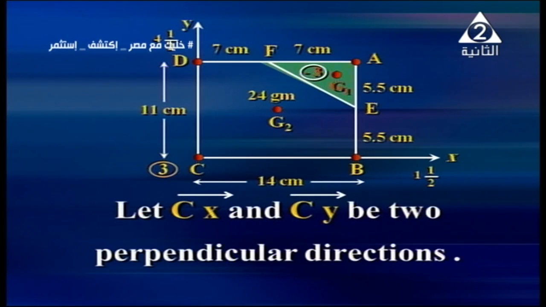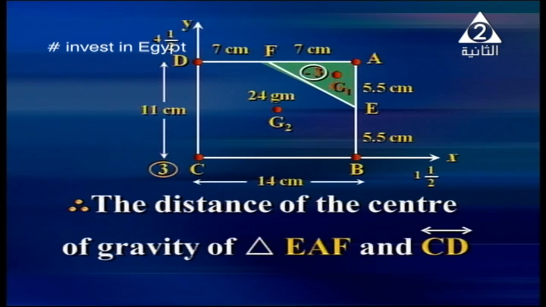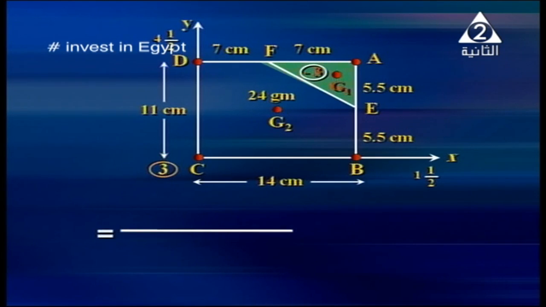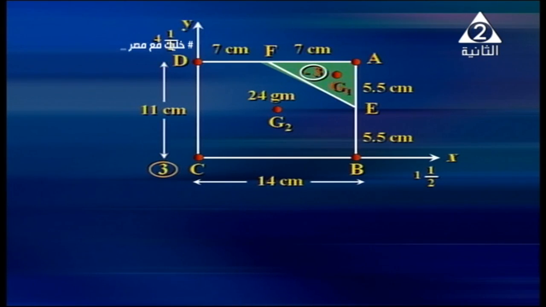Let CX, CY be two perpendicular directions as x-axis and y-axis. The distance of the center of gravity of triangle AEF from CD equals 14 plus 7 over 3, so the x coordinate is 35 over 3 centimeter.